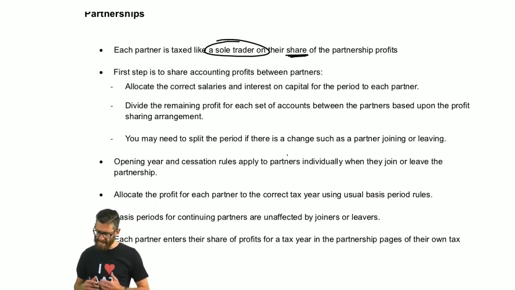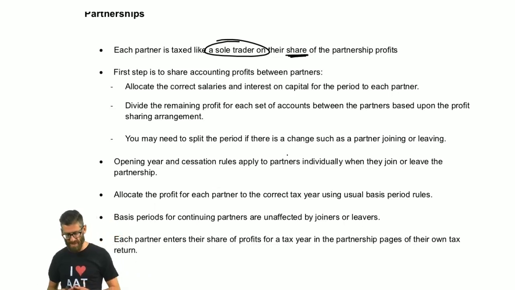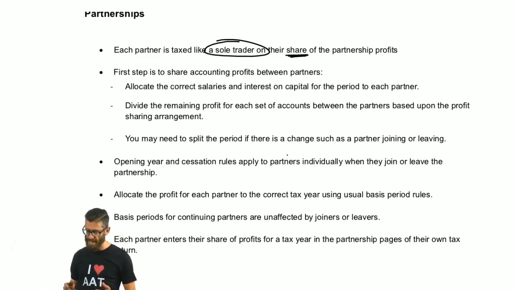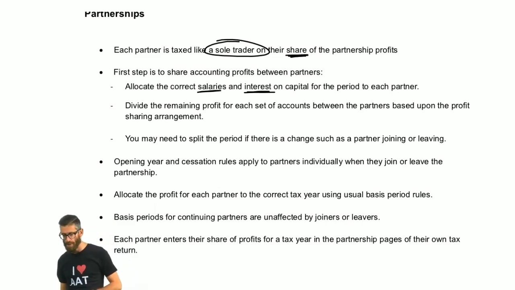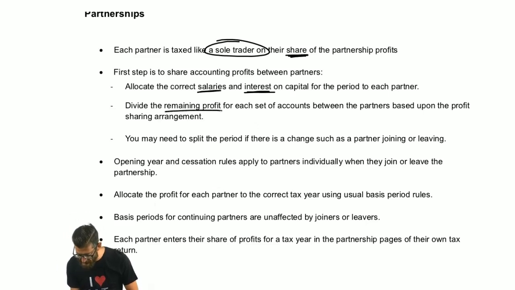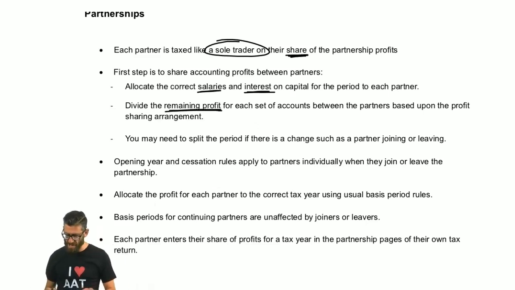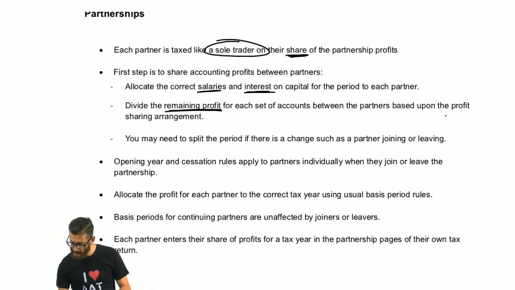And it gives us guidance here. It says that the first step is to share the accounting profits between partners and allocate any salaries and interest on capital for the period to each partner. Then you divide the remaining profit for each set of accounts between the partners based upon the profit sharing arrangement.